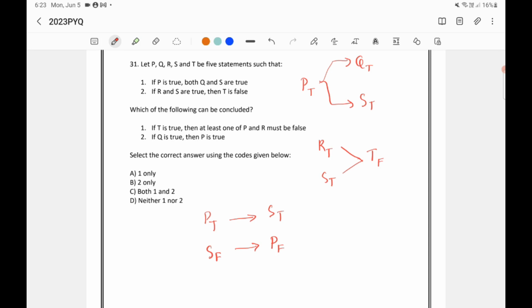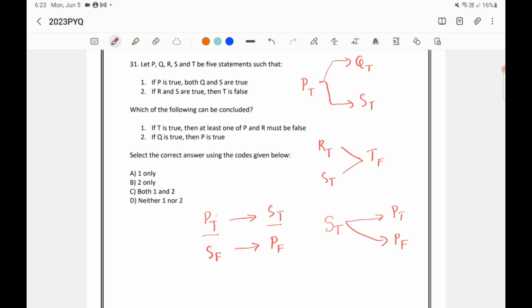So remember this thing. And one more thing you need to remember: if P is true, then S is true, but the reverse won't be correct. That means if S is true, then I cannot say that P is true. It could be P true or P false.